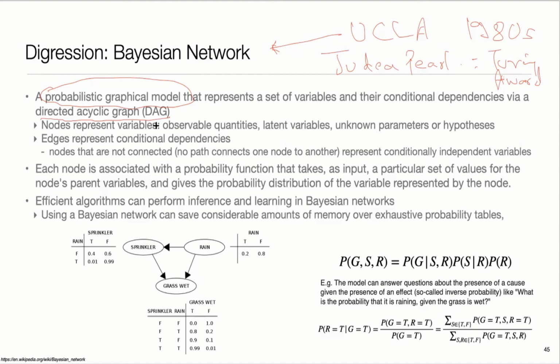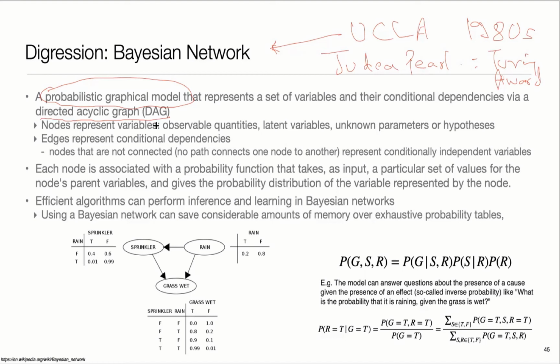So let's say, in this case, I have rain, sprinkler, and grass wet. Rain, sprinkler, and grass wet are three random variables, and they have some values. In this case, they're all binary.